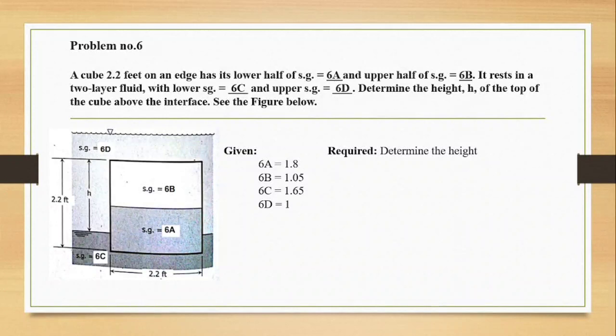Determine the height h of the top of the cube above the interface. See the figure below. This is our figure, guys. Given 2.2 feet, 6a equals 1.8, 6b equals 1.05, 6c equals 1.65, and 6d equals 1. So we are asked to determine the height, which is what is required in problem number 6.